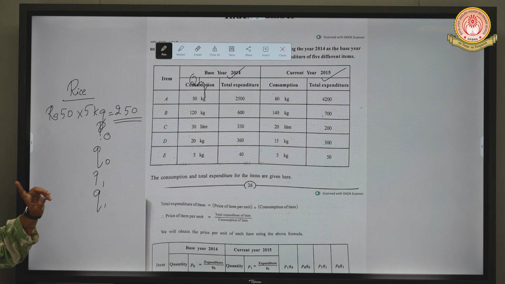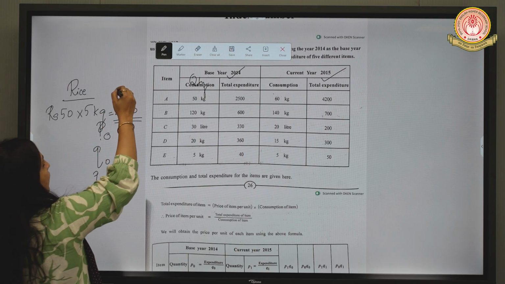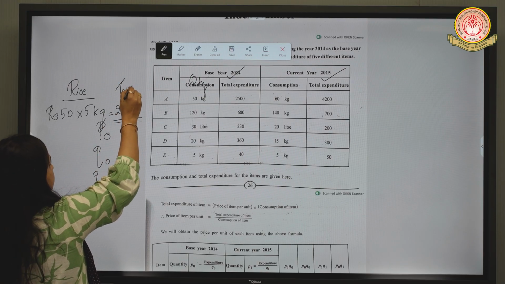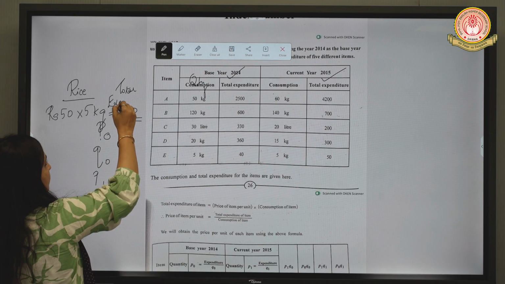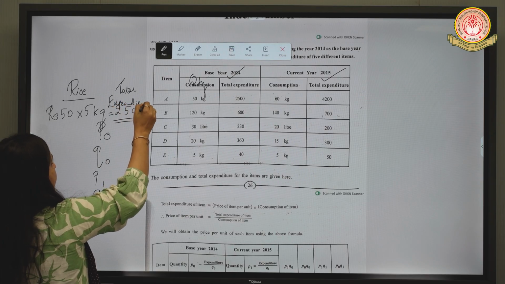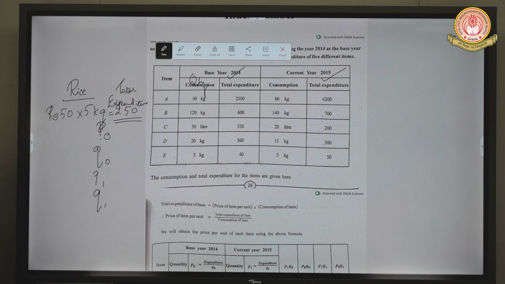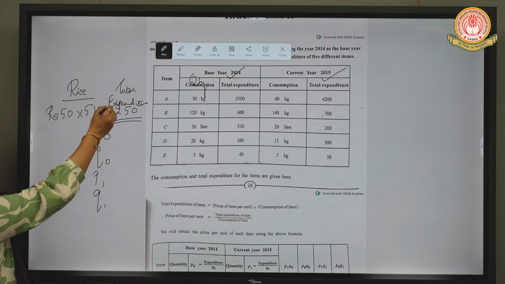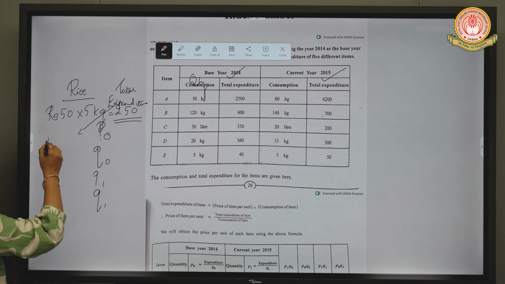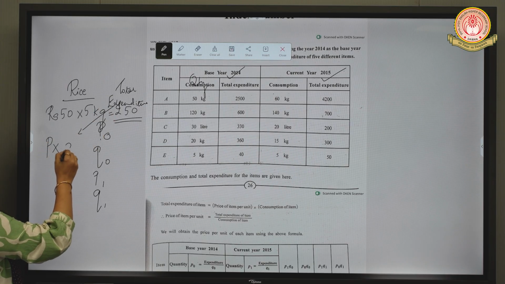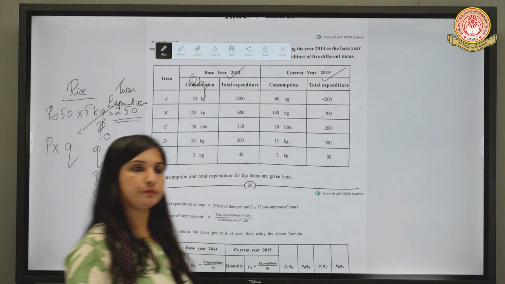Why? Because you wanted to buy 5 kg of rice and the per kg price of rice was 50 rupees. So this is the quantity, this is the price. Is it clear how to find total expenditure? We just multiplied the price into quantity.